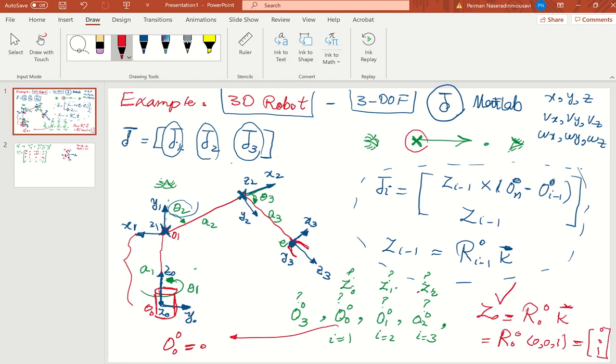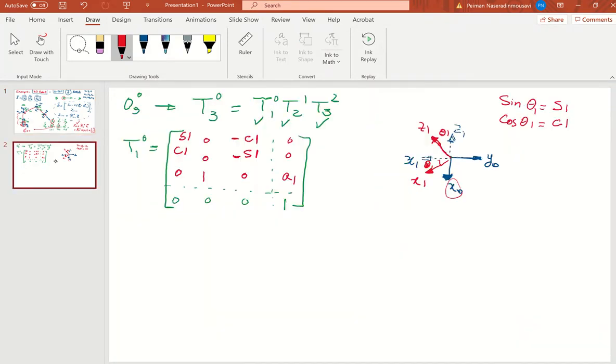So we found Z naught. Here we go, we found this and we found this. But what is O1 with respect to 0? O1 with respect to 0 is this, guys. We got that. Understand?